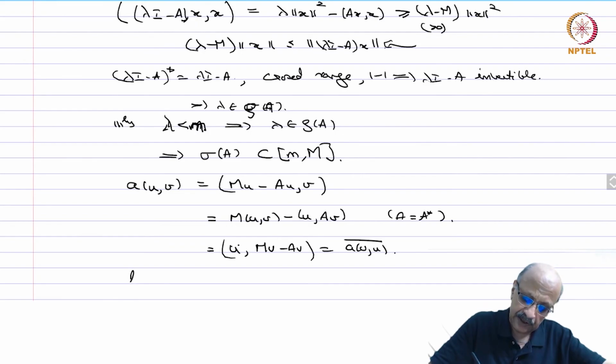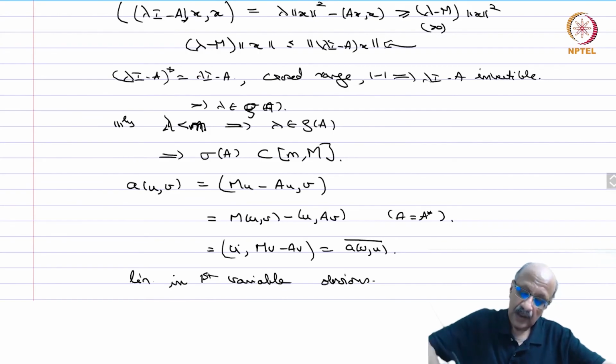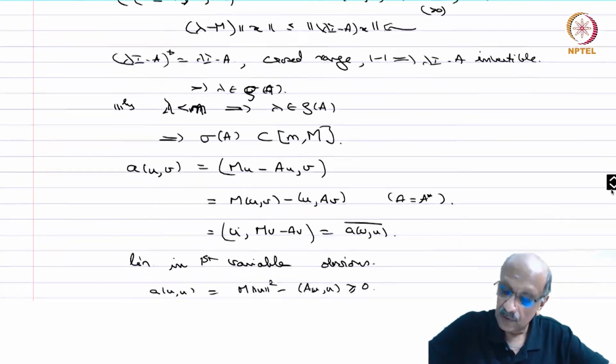And of course it is linear in the first variable, that's obvious. Finally [u, u] is M norm u squared minus (Au, u), and of course by definition of M this is greater than or equal to 0.